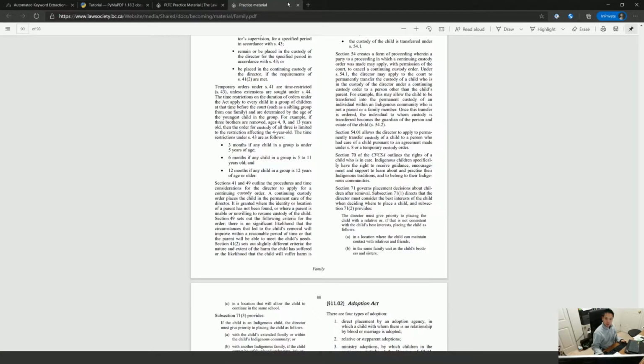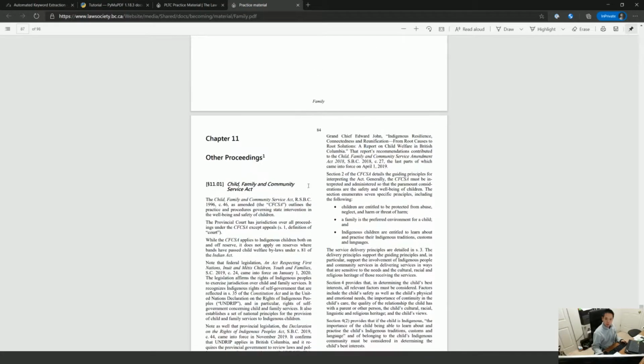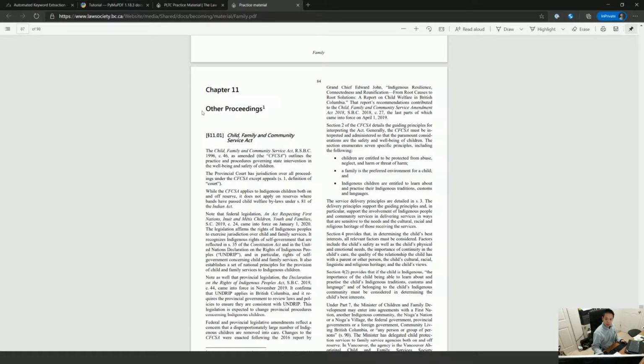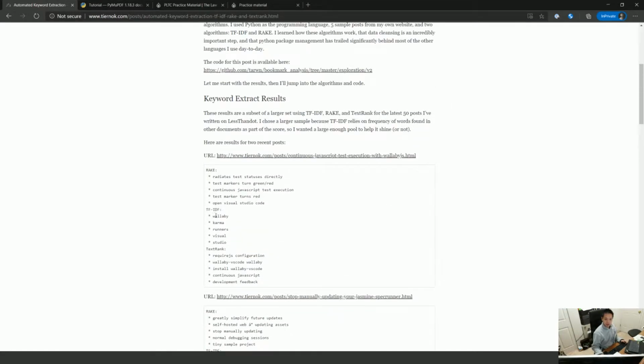And so if we jump back into family law, 1 word wouldn't work very well. Proceedings versus other proceedings. Child, Family, and Community Services Act. Family law, child will show up so frequently, as will family, harm, law, federal legislation. Those will show up so frequently that I think TF-IDF is not going to be helpful.